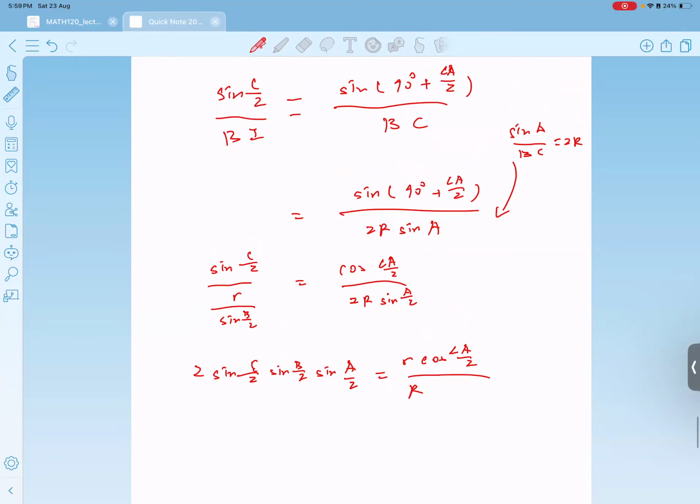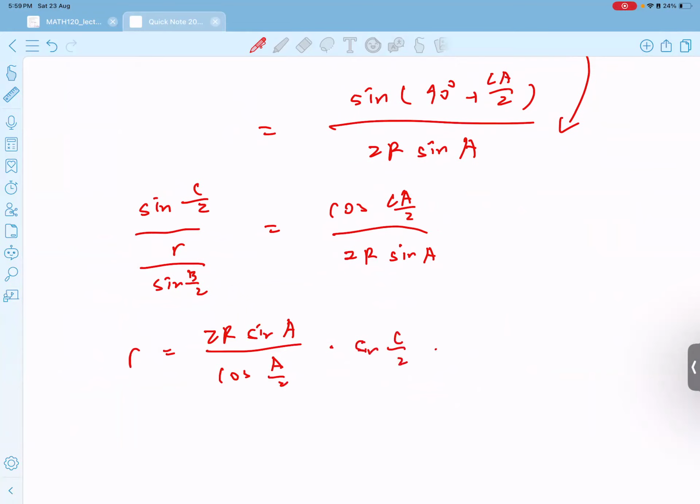And okay, let's rearrange for r. Then you should have 2R sine A over cosine A over 2, sine C over r, sine B over r.